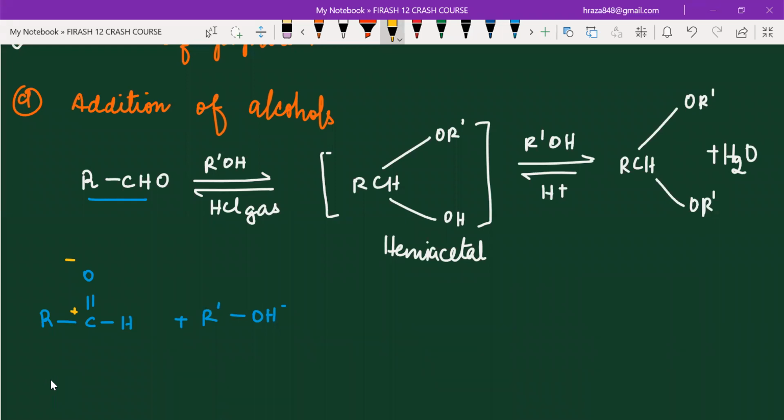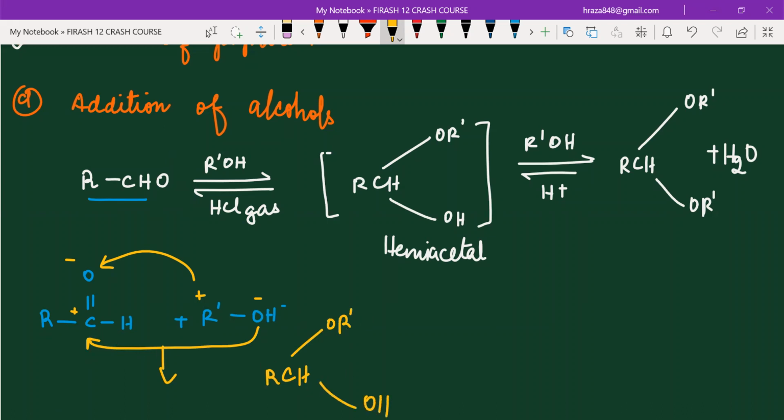And there will be positive and negative charge, right? So can I write this? This positive will go to this negative, this negative will go to this positive. So I can write RCH, with O it is R and R dash, and with C it is OH. Yes or no?